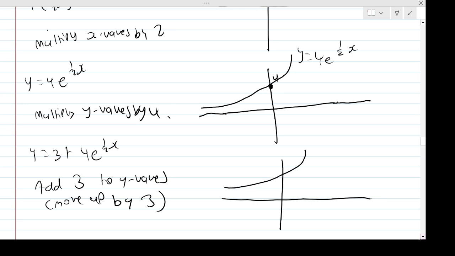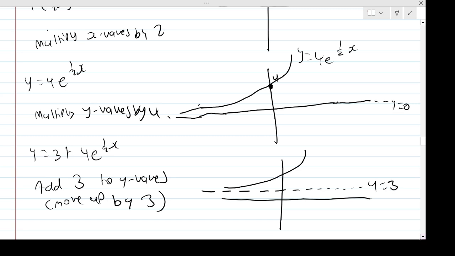So if we shift the graph up by 3, it's just going to look like this, and then it tends towards an asymptote. Well, actually, it's not going to tend to 0 anymore, is it? The asymptote was originally y equals 0, but like all the other parts of the graph, the asymptote also moves up by 3.